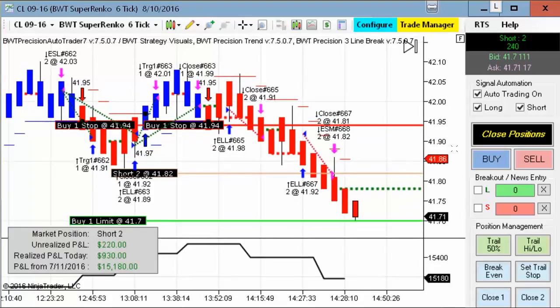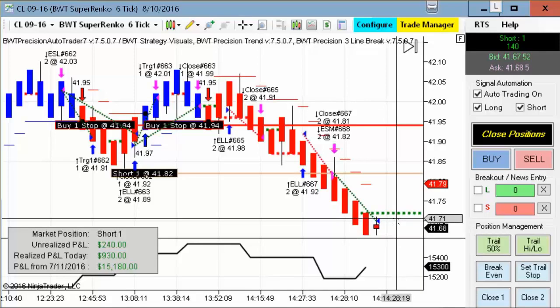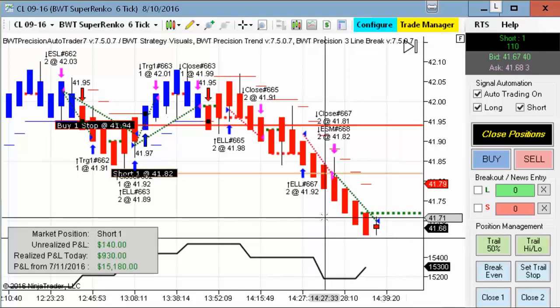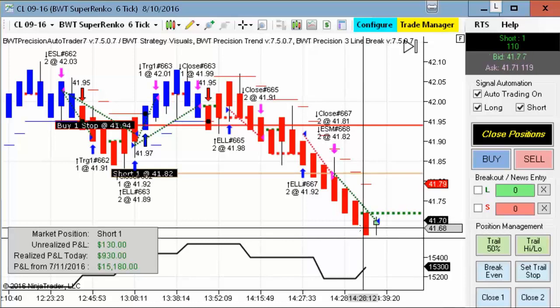Looks like it's going to hit our first target here at 41.70, and you can see that it did. Right there at 41.70, our first target was hit, and you can see that it traded below that.